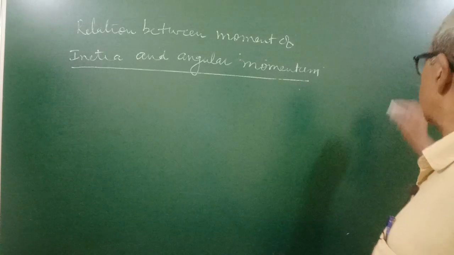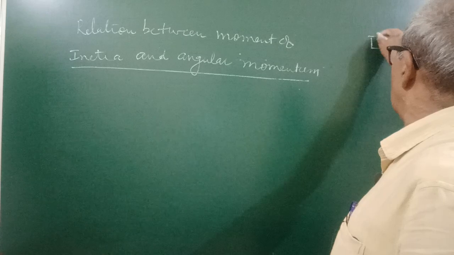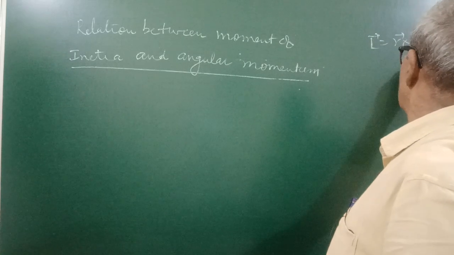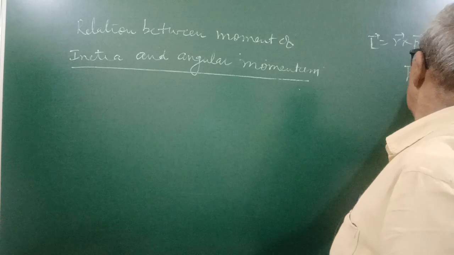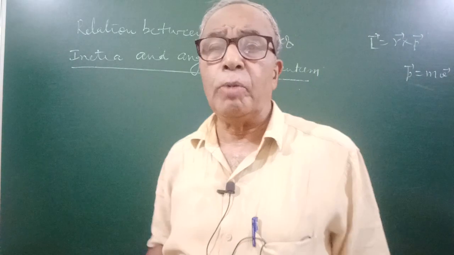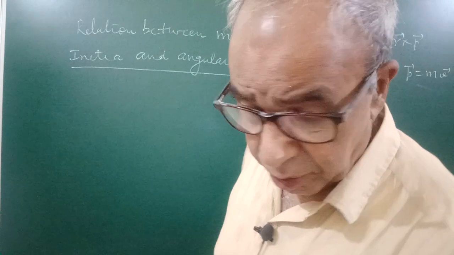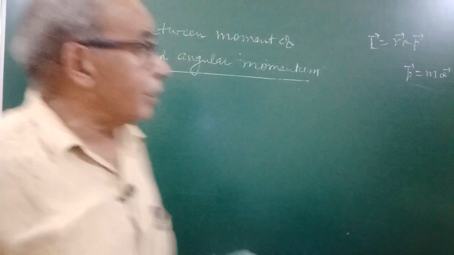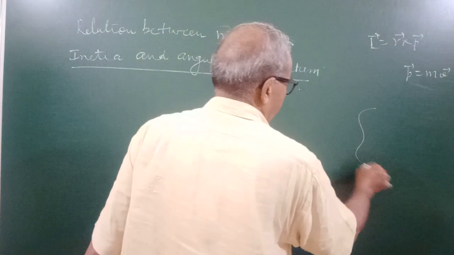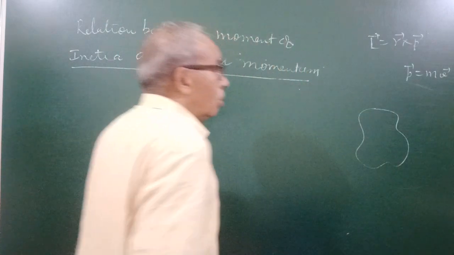In the previous videos I have proved L equal to r cross P, P equal to mv, and so many things I proved there. I told angular momentum is a vector quantity whose direction is at right angle to r and P. So here we want to relate the magnitude.